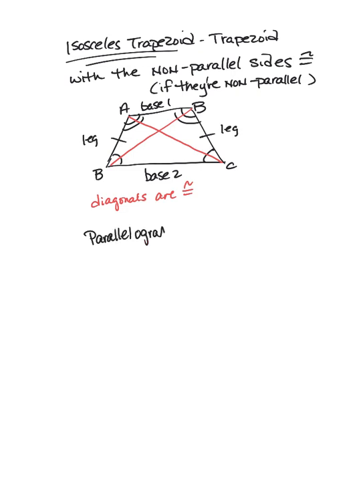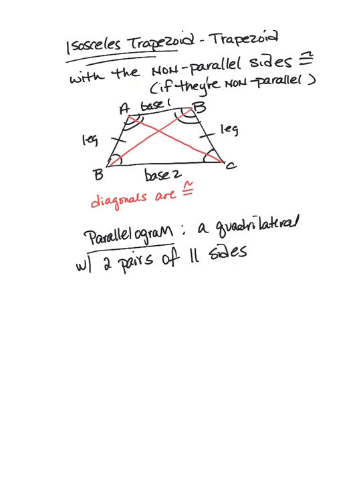So the definition of a parallelogram is a quadrilateral with two pairs of parallel sides. Okay, so what this means for us, just a note, all parallelograms are trapezoids because they have the characteristics, okay?